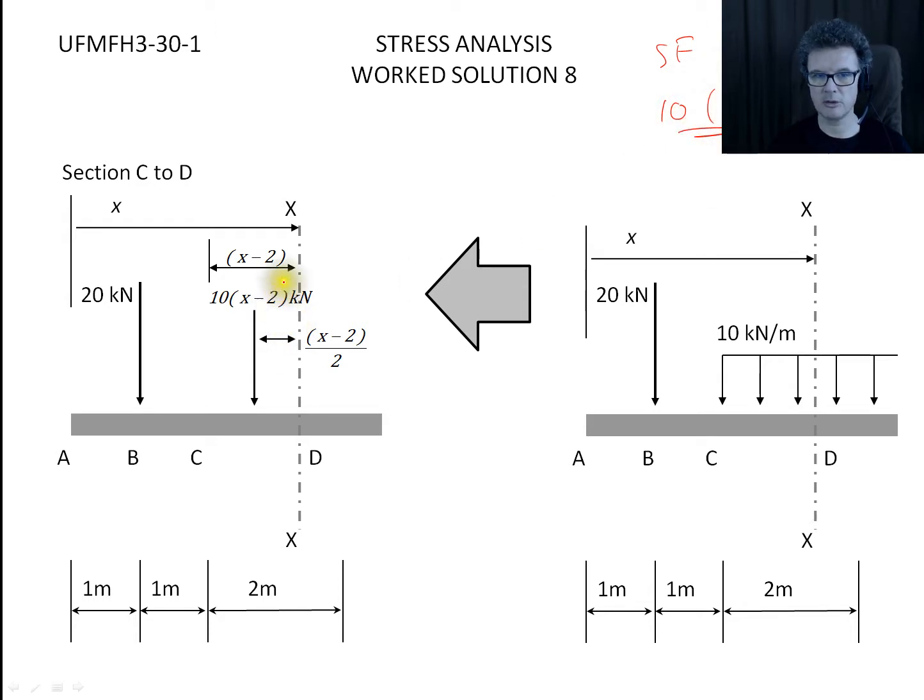What they're going on about here is how I work out the BM bit. Well, this is the amount of force that I've got left of me, and this is the distance to the midpoint for this amount of force. That's the argument they're using. So I've now got in effect a force, which I'm used to dealing with, and I've also got a distance.